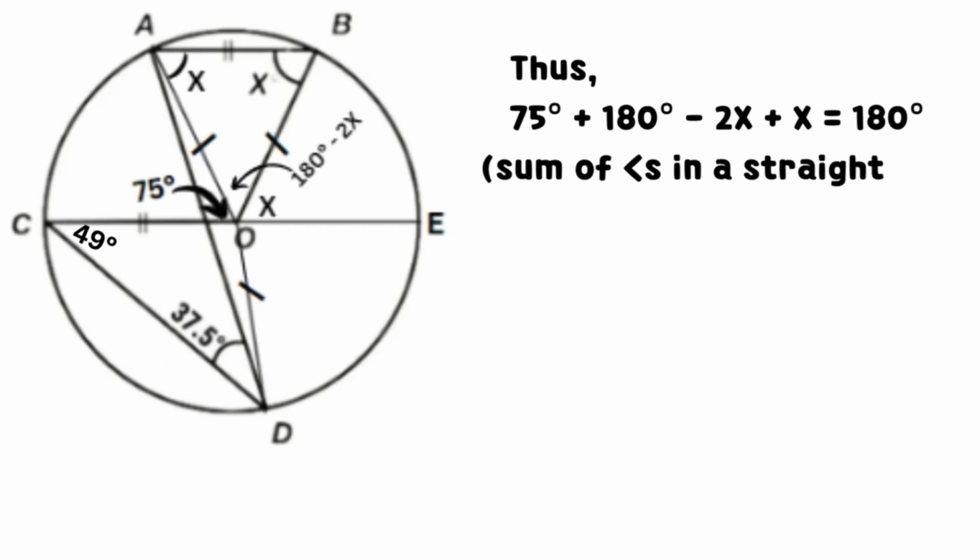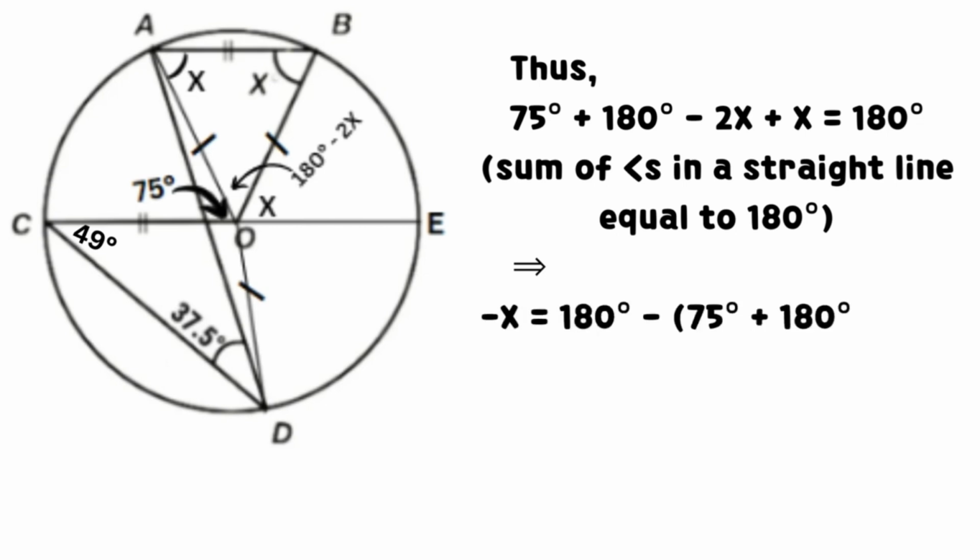Thus, 75 degrees plus 180 degrees minus 2 times x plus x equals 180 degrees. It is because the sum of angles on a straight line equals 180 degrees. Solving for x, we have that x equals 75 degrees.